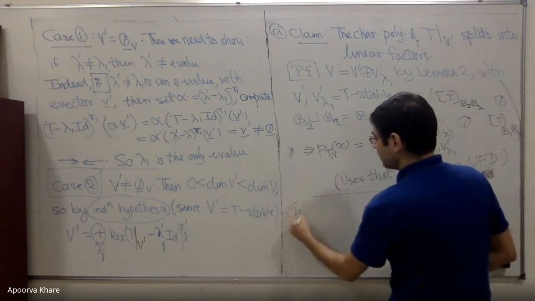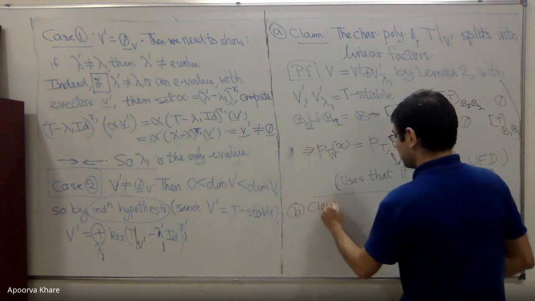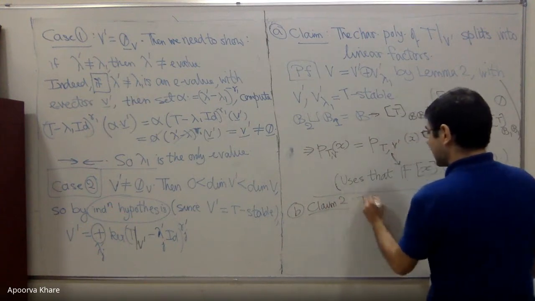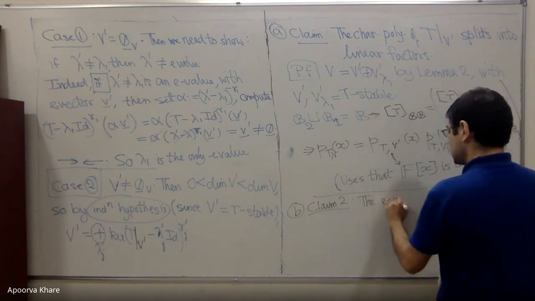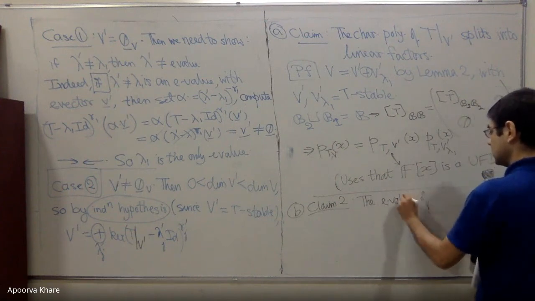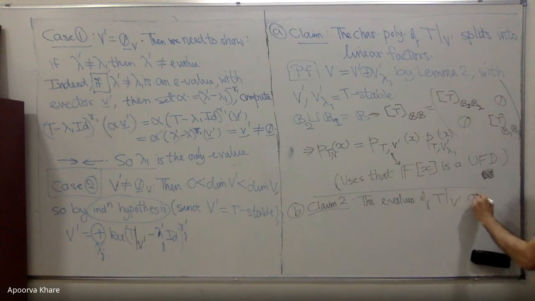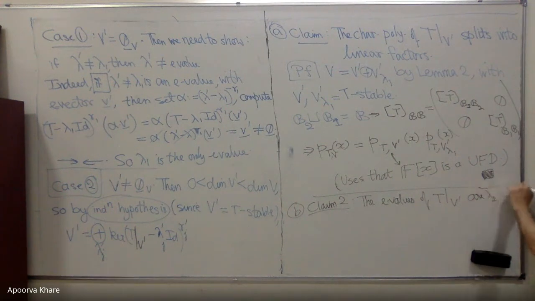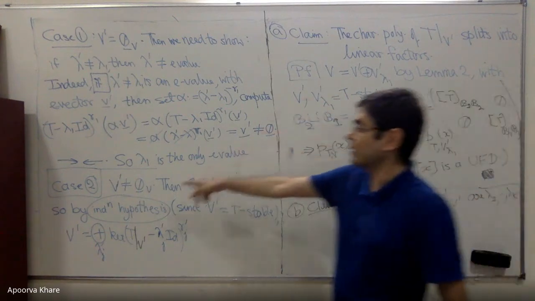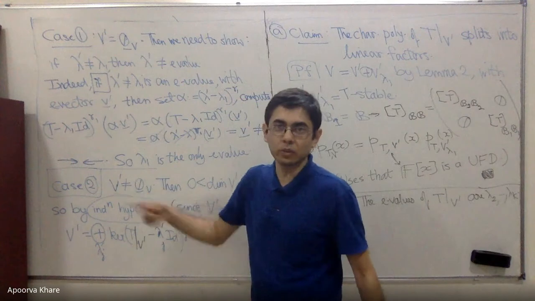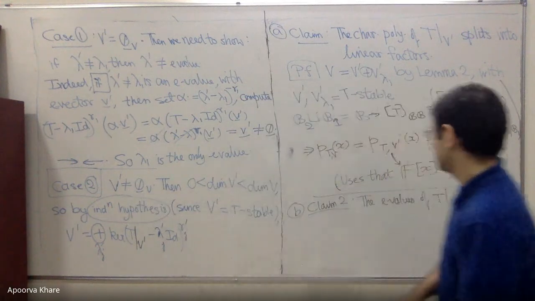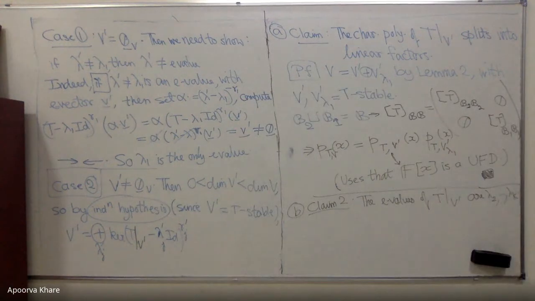So we claim, 2: the eigenvalues of T restricted to V prime are precisely lambda 2 to lambda k. Remember that we already said that V prime is non-zero, so there is at least one eigenvalue. K is at least 2. Okay, that's what they are.